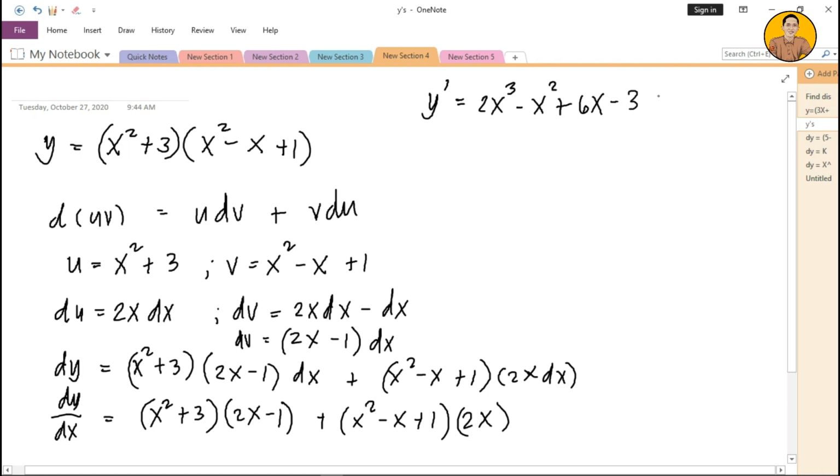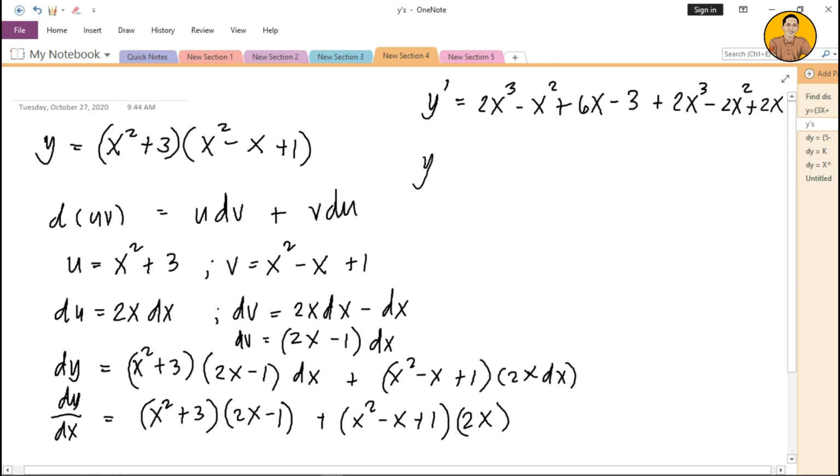So we have here plus, so 2x times x squared, this is 2x cubed. So 2x times negative x, so this is negative 2x squared. So 2x times 1, so this is positive 2x. Then we just simplify this.